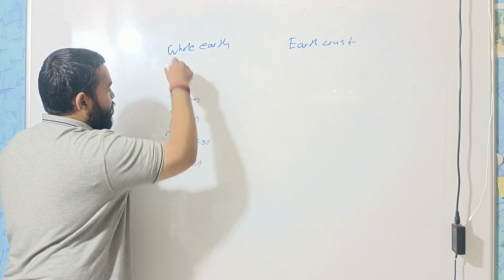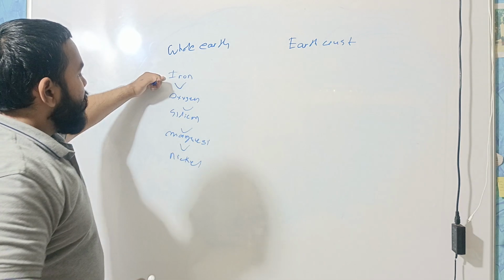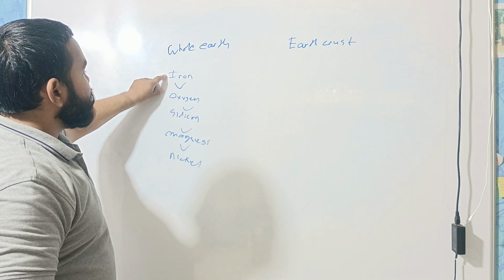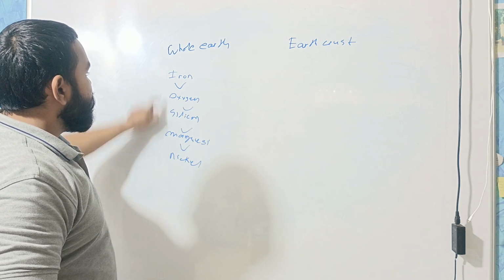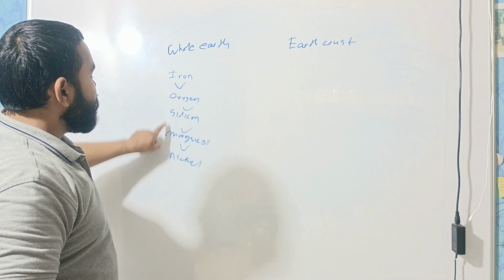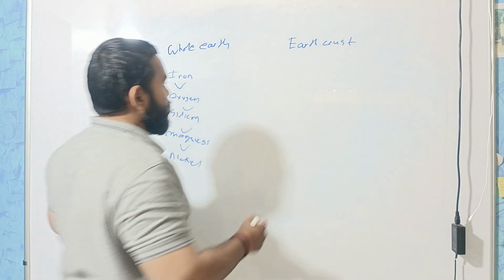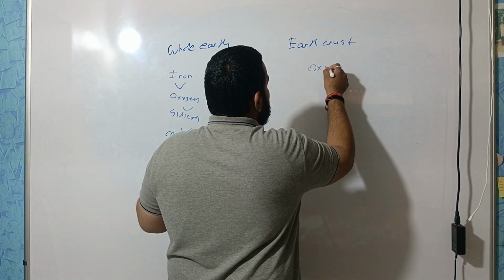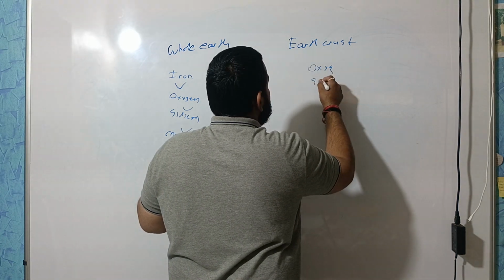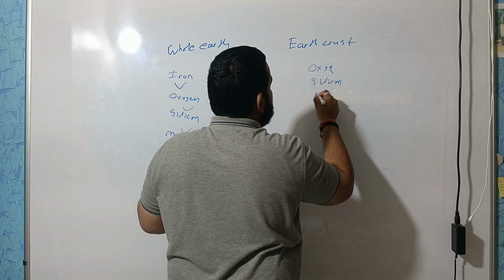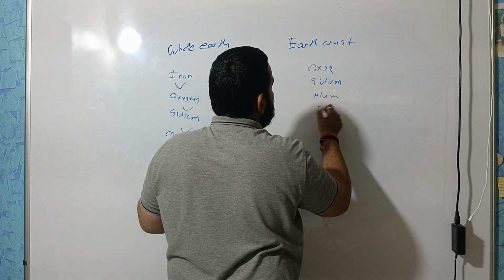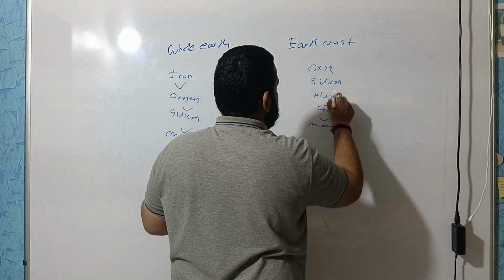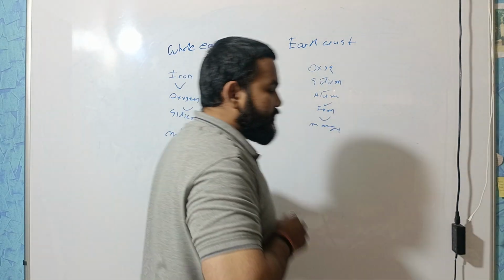This is the decreasing order of abundance of iron, oxygen, silicon, magnesium, and nickel. Most iron occurs, then oxygen, then silicon, then magnesium, and then nickel. Here, oxygen, silicon, aluminium, iron, and magnesium. Just remember these 2 points. That's it. Thank you.